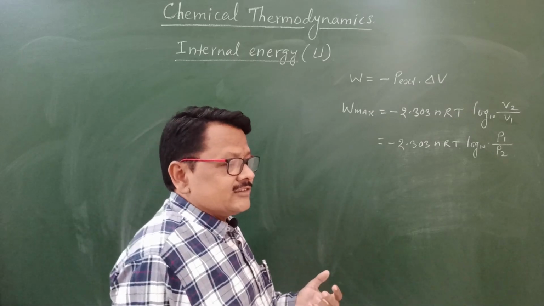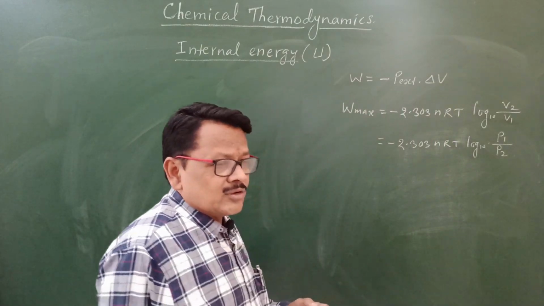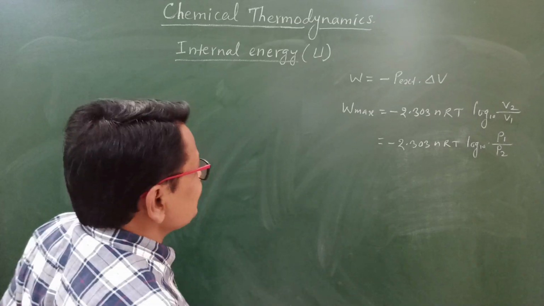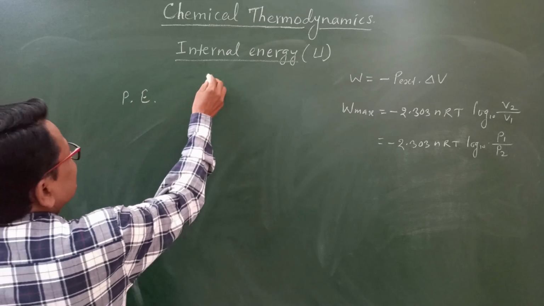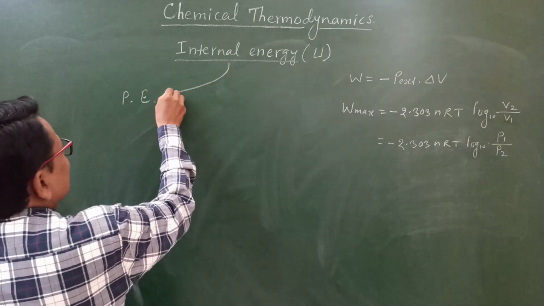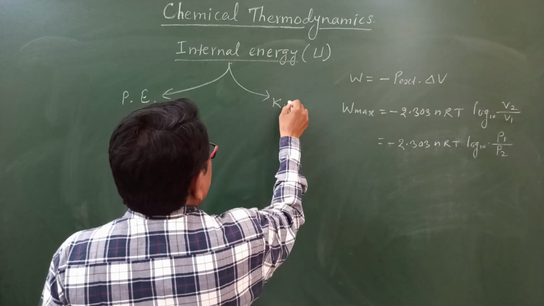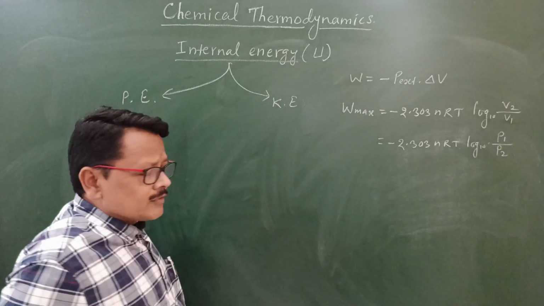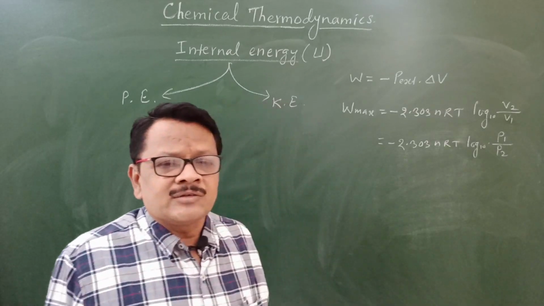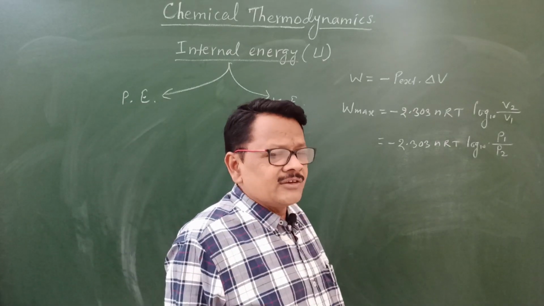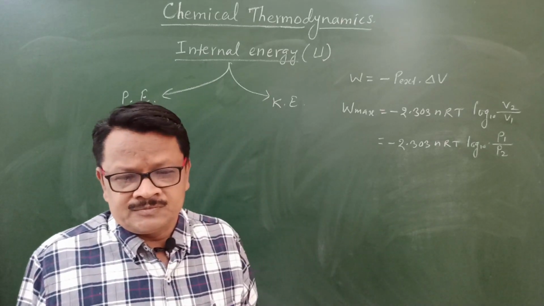Means this internal energy is again of two types. One is potential energy and another is kinetic energy. We saw the definitions of potential energy and kinetic energy. Potential energy means the energy associated with the body when it is present at rest position.